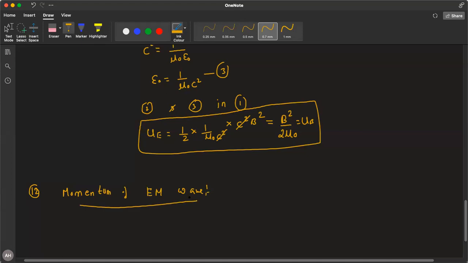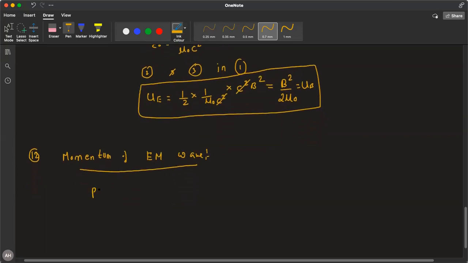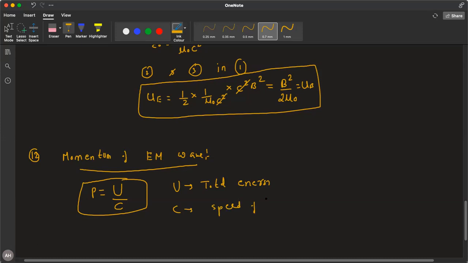Along with energy, this EM wave also carries some momentum. That momentum can be written as its total energy divided by the speed of light. This U is total energy, and the C is the speed of light.